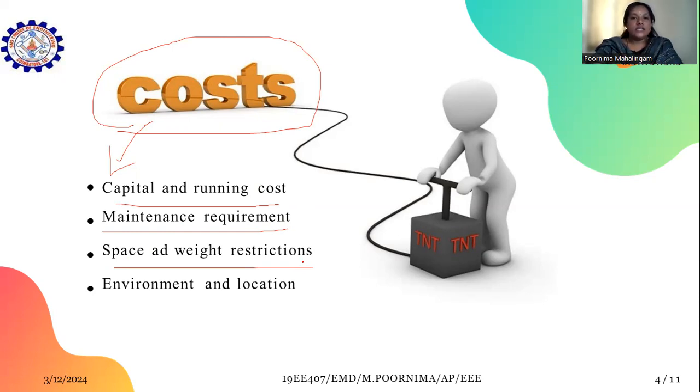And the last thing is environment and location. In which place are we going to place the drive? If it is in a dusty location, we have to choose the drive accordingly, and if it is in an AC room, we choose the machines accordingly. So these four points are major factors when choosing an electric drive.